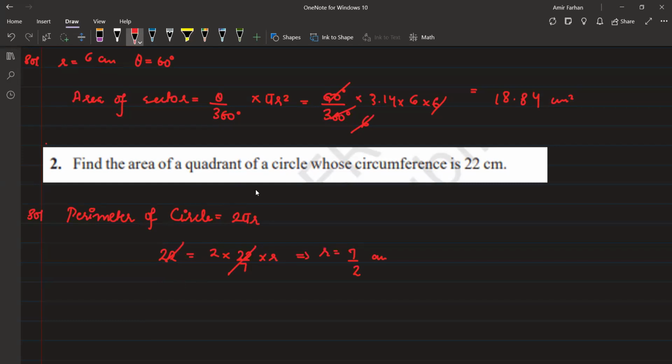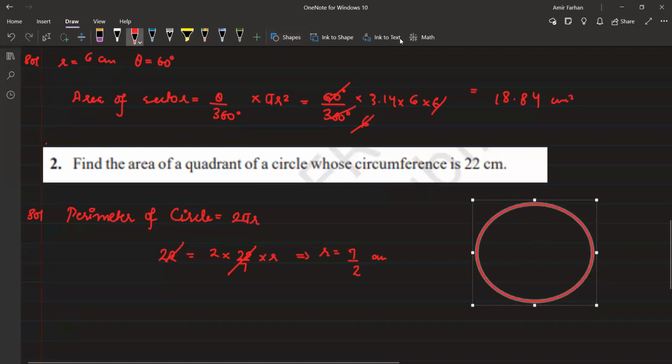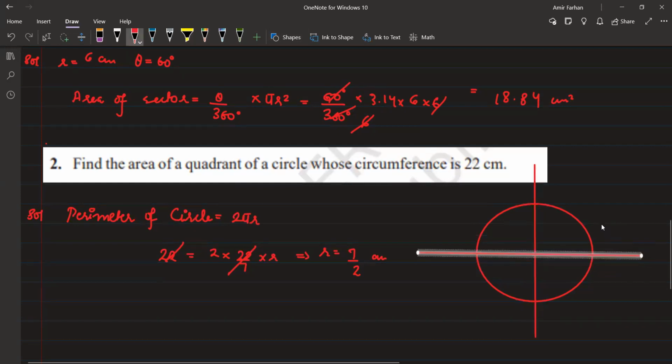Now we need a quadrant. What is a quadrant, Adil? When you cut the circle into 4 equal parts, each part is called a quadrant. I think you have done this in coordinate geometry. The quadrant means it is making a 90-degree angle.